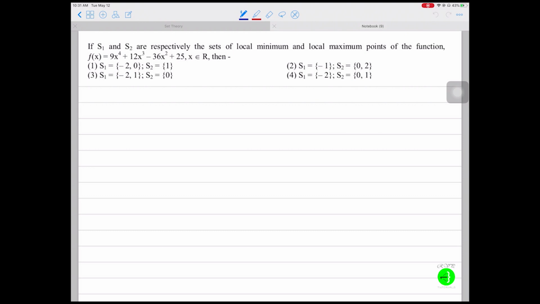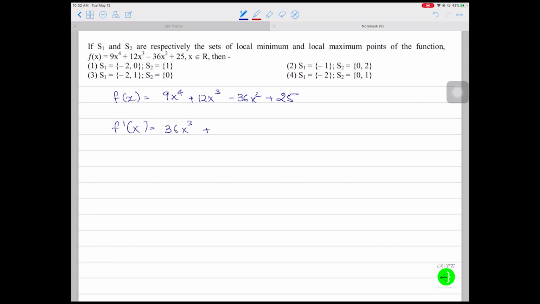If S1 and S2 are respectively the sets of local minimum and local maximum points of the function f(x) equals 9x to the 4 plus 12x cubed minus 36x squared plus 25, where x belongs to real numbers, then... So we have the function 9x^4 + 12x^3 - 36x^2 + 25.